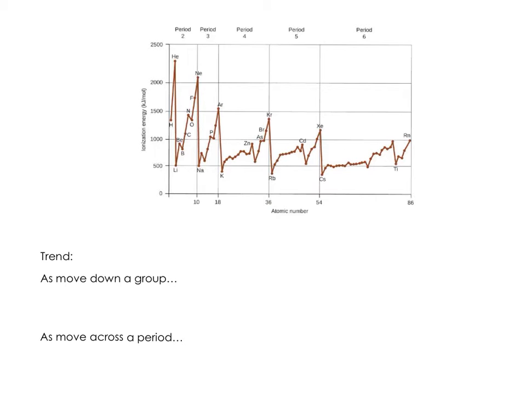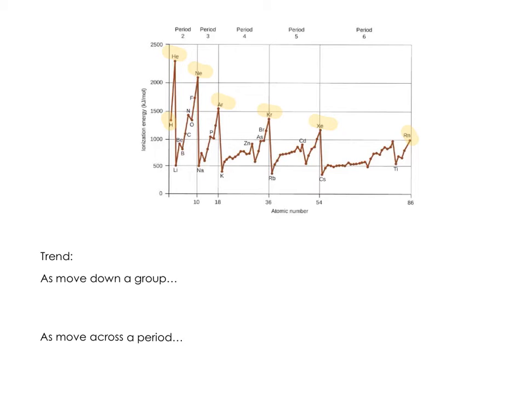It's plotted from hydrogen to radon, so we're going in order of atomic number. And you can see the peaks are indeed the noble gases. It requires more energy to remove an electron than the other elements in the same row.